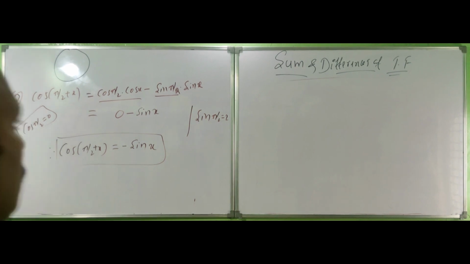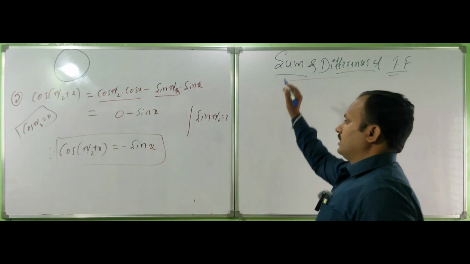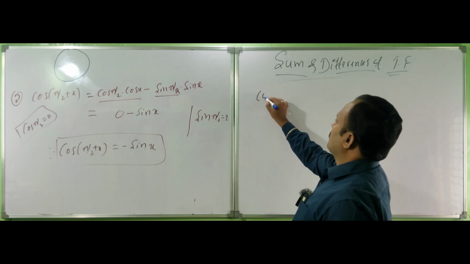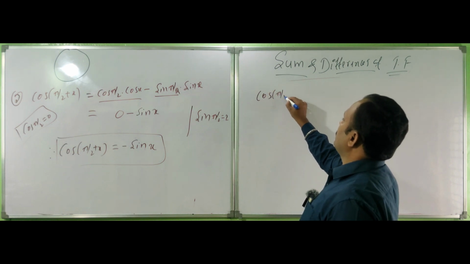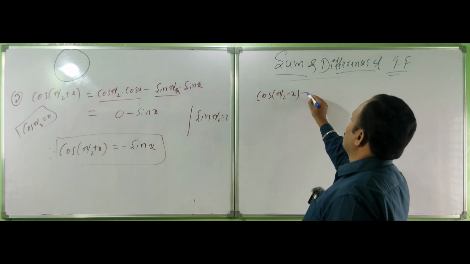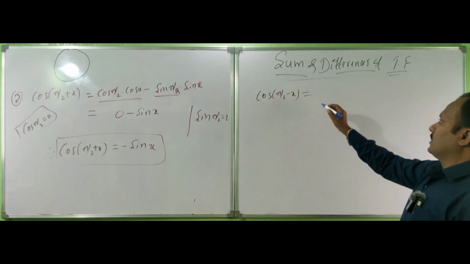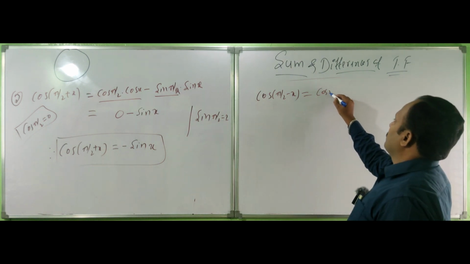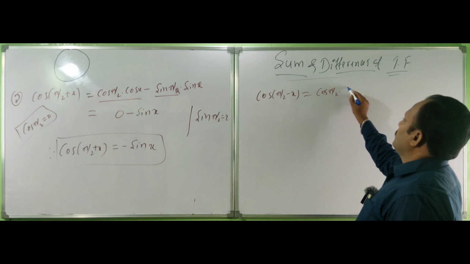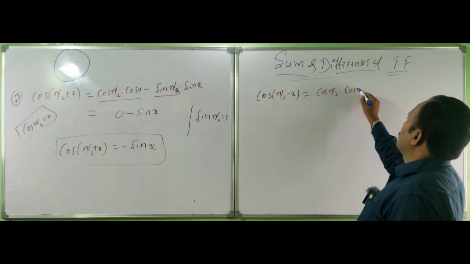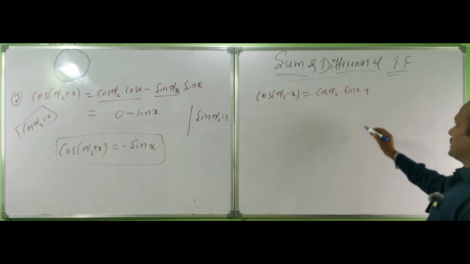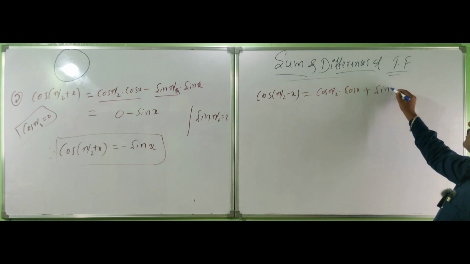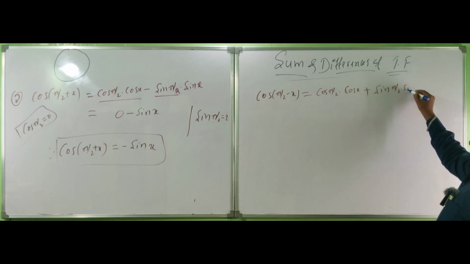Cos of pi by 2 plus x is defined. Then cos of pi by 2 minus x gives cos pi by 2 into cos x plus sin pi by 2 into sin x.